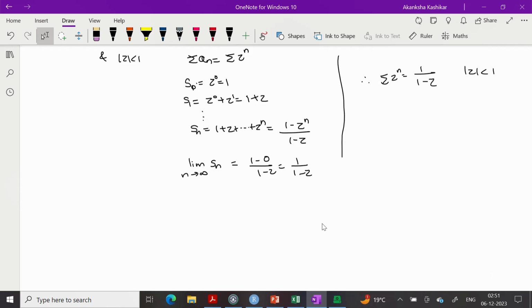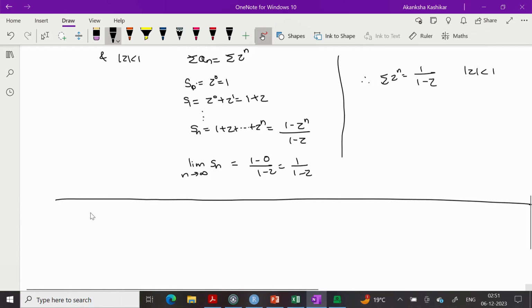Let me now introduce one more very powerful technique of finding limit of a series. This is known as telescoping series.